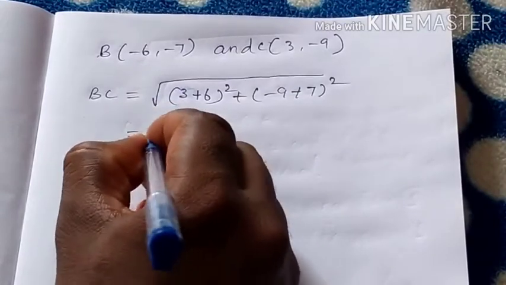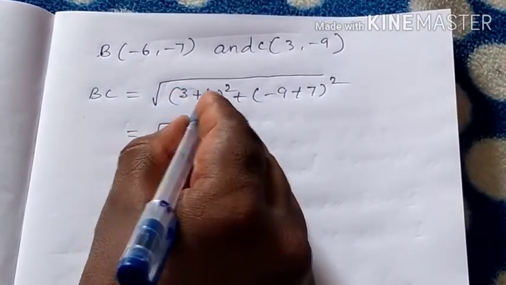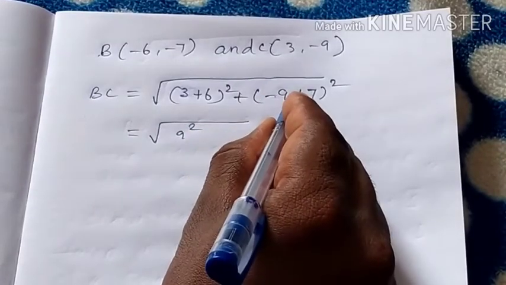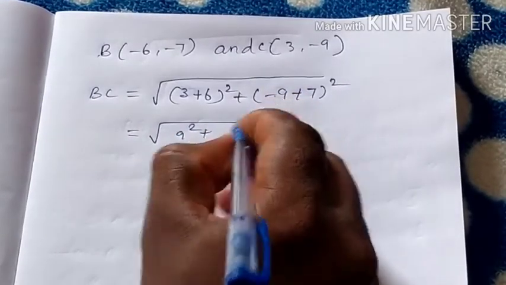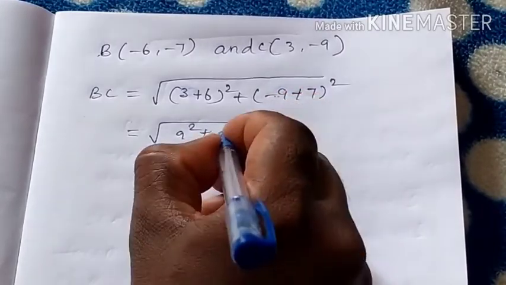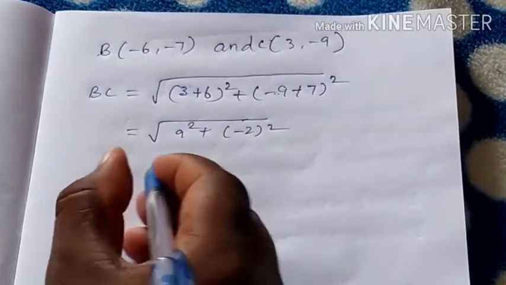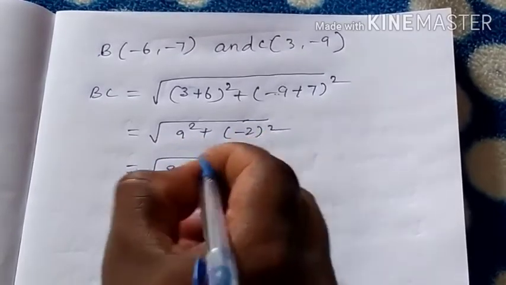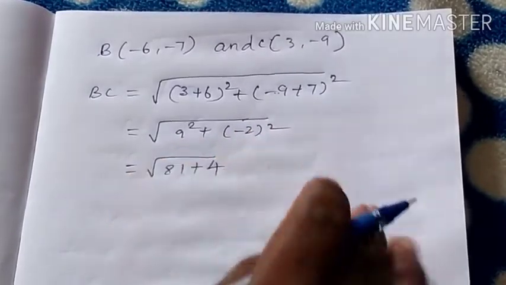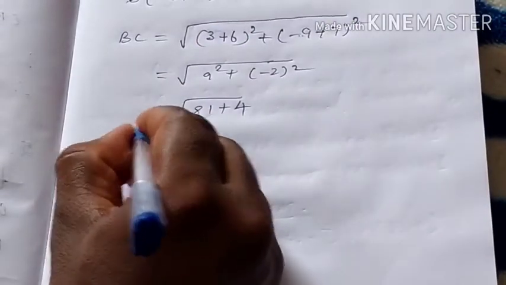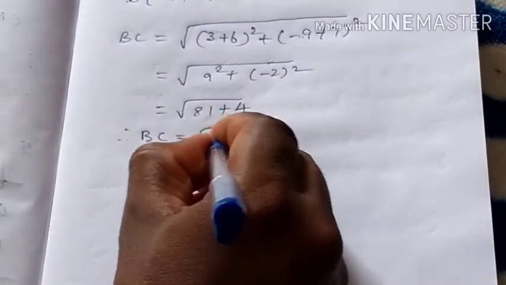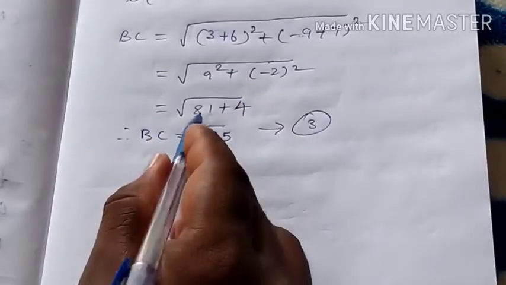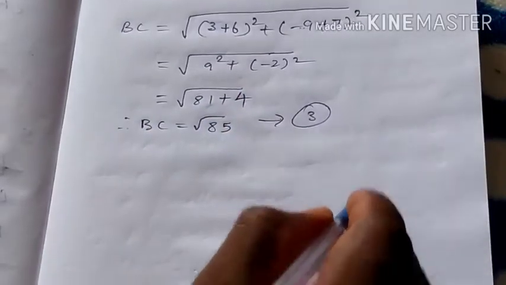Okay, this is equal to the square root of 3 plus 6 is 9, so 9 square plus minus 9 plus 7 is minus 2 the whole square. Okay, this is equal to the square root of 9 squared is 81, minus power even number is plus, 2 square is 4. Okay, therefore BC is equal to root 85. Okay, this is number 3. 81 plus 4 is 85 units.